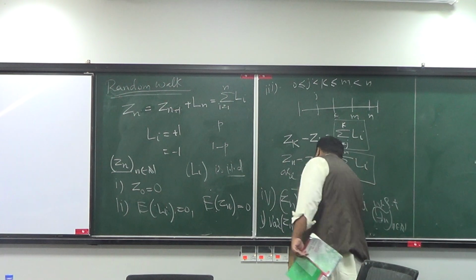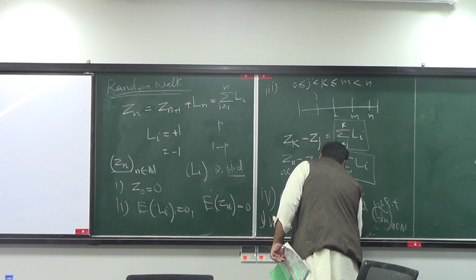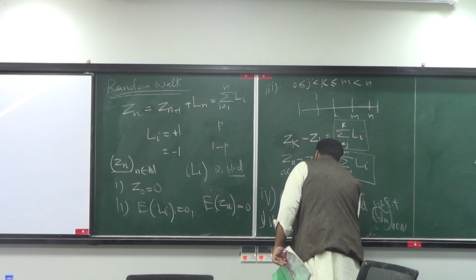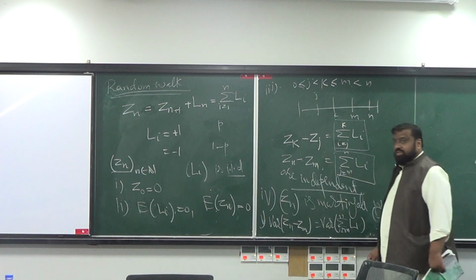So this is the variance of the sum of the Li's from m to n.